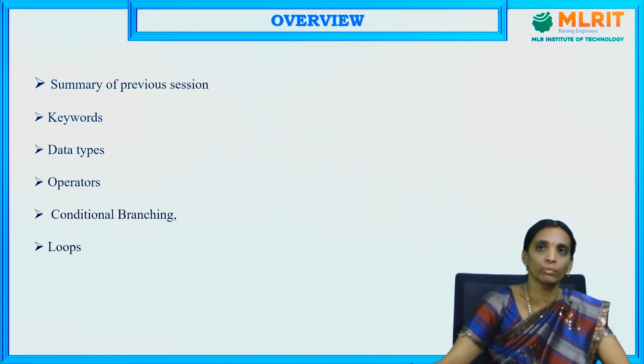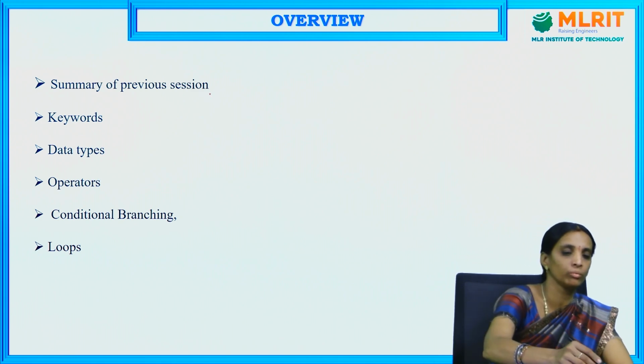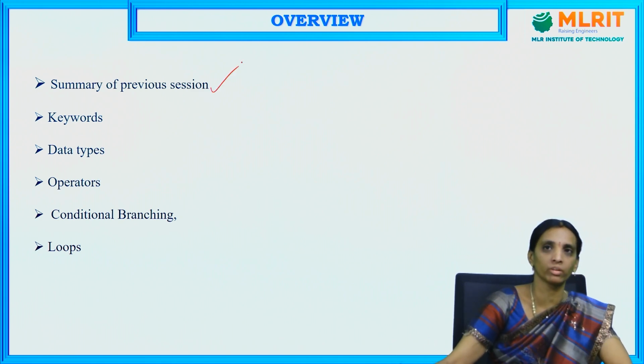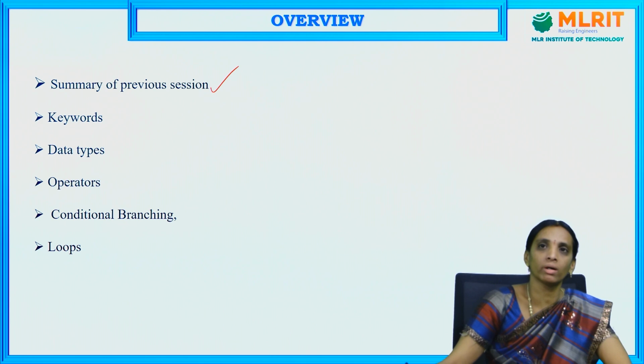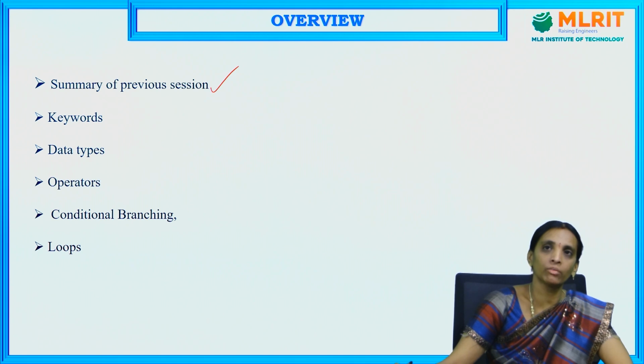While going through the overview of the session, first we will discuss the summary of the previous session. In the previous session, we discussed how we can write the basic structure for the embedded C language, and what templates we have for writing any program in C language.